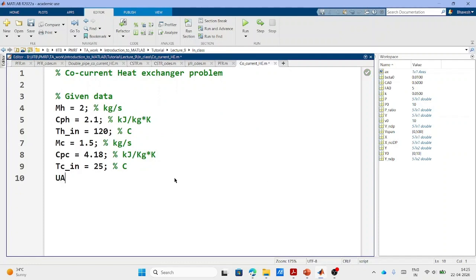You have overall heat transfer coefficient U as 350 watt per meter square Kelvin.